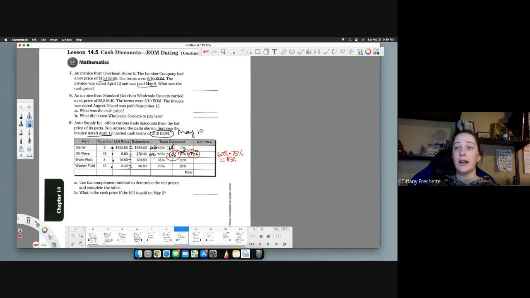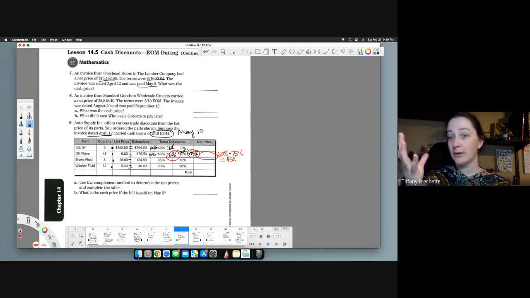So if I multiply $470.40 by 45%, I'll end up with my net price. I won't have to go back and subtract and then multiply again and then subtract if I do the complement method here. So again, it kind of depends on your understanding of it, how you want to do that. But there's 2 methods there.